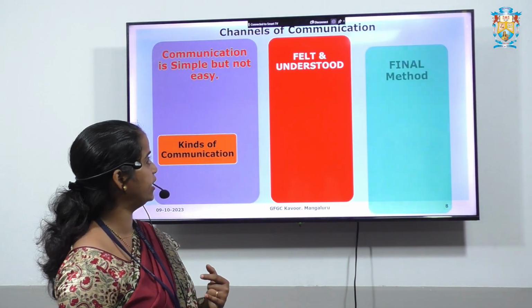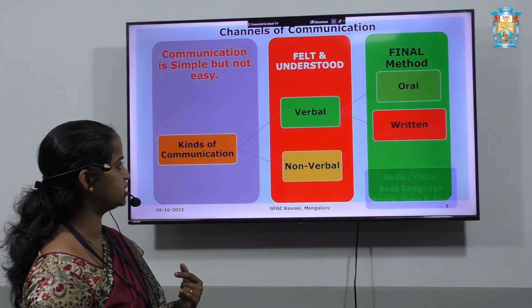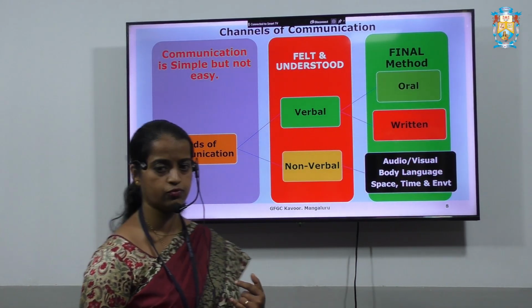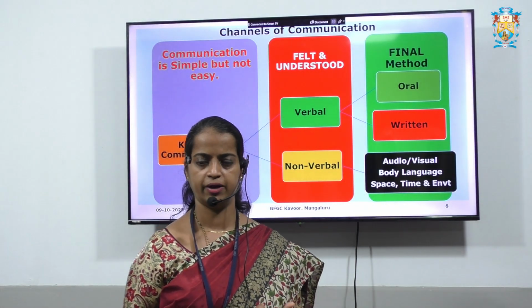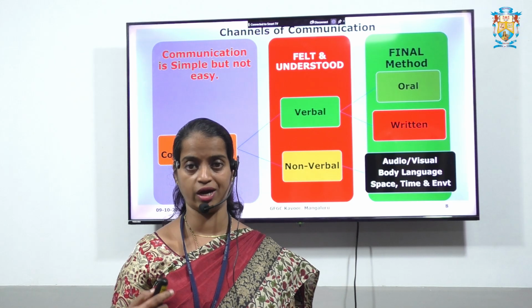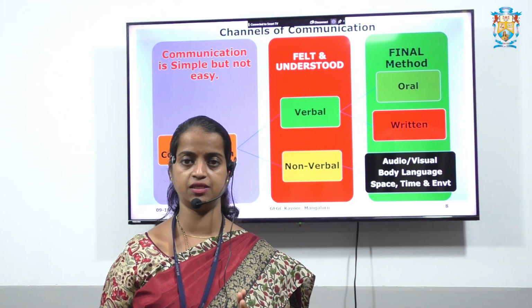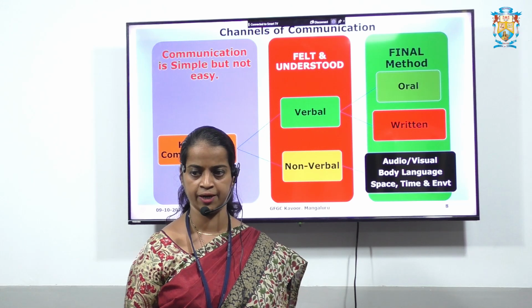Moving on to the next slide, there are channels of communication. Here there are various channels of communication. First one, communication, as I've said, is simple but not easy. It should pass to the receiver, and the receiver should understand. It should be concise, it should be in a simple form, so that the other person will understand.